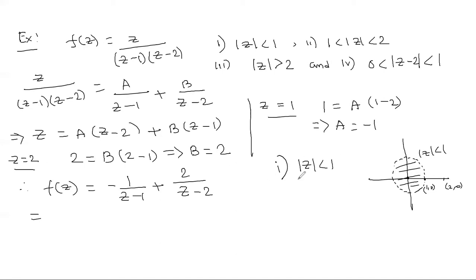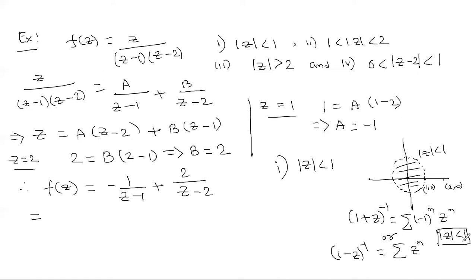So here we'll utilize this given information together with the expansions (1 plus z) power minus 1, that is equal to the sum of (minus 1) power n z power n, or (1 minus z) power minus 1, which is given by the sum of z power n. Both are valid in the region mod z less than 1. Now, this can be written as 1 by (1 minus z). Since mod z is less than 1, mod z is also less than 2, right?